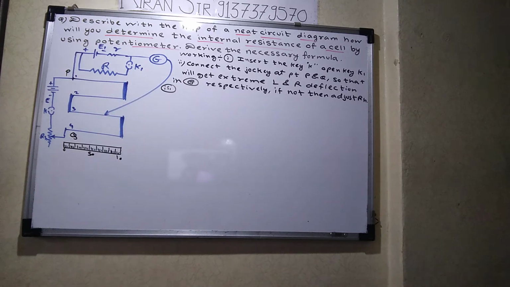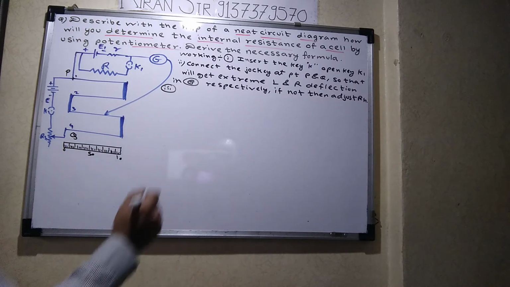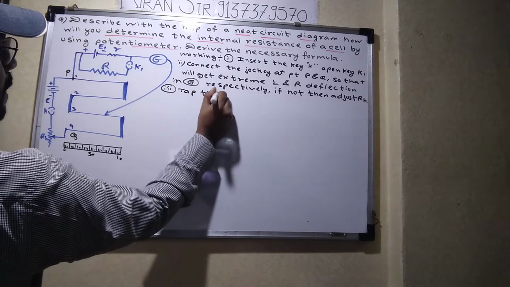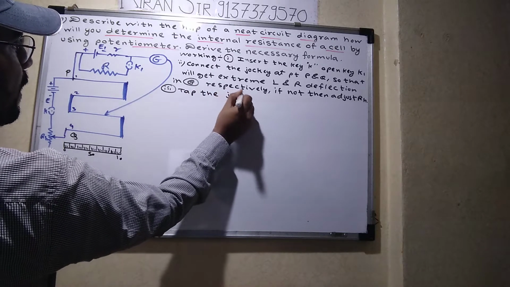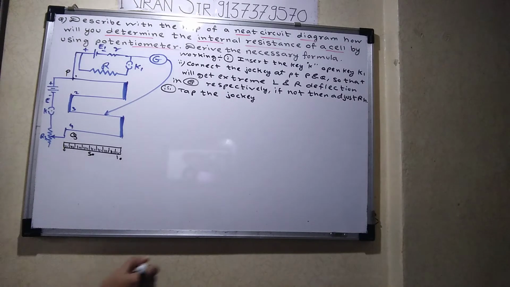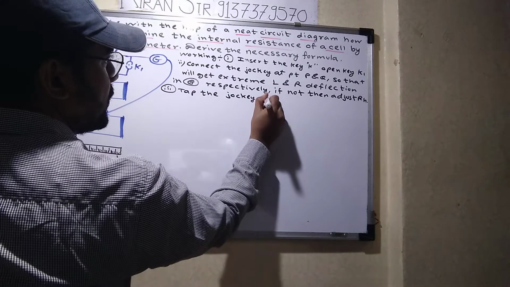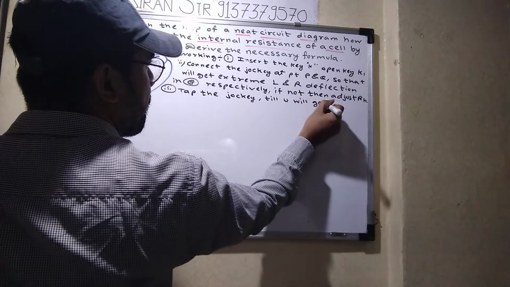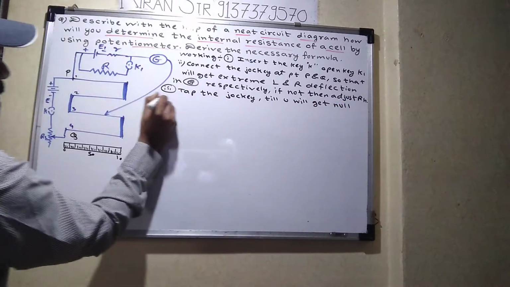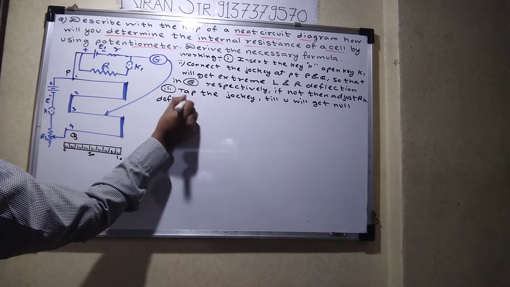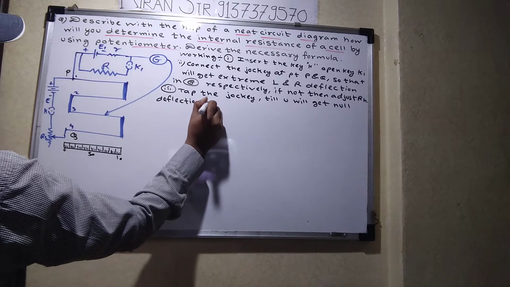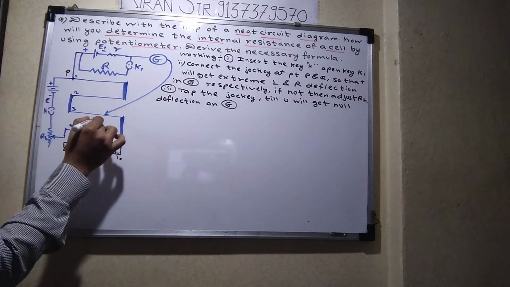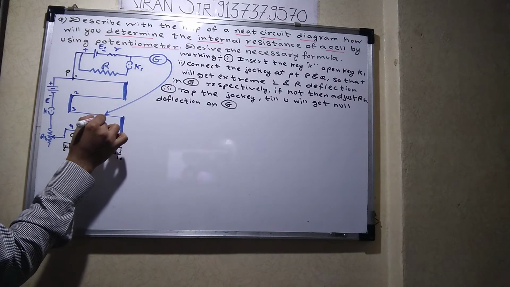Once you get extreme left and right deflection, tap the jockey till you get null deflection on the galvanometer. If you get null deflection, I will say that point is P1.